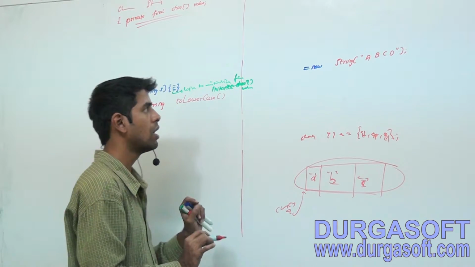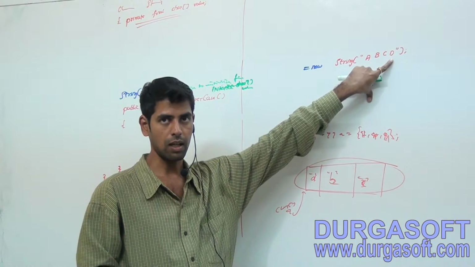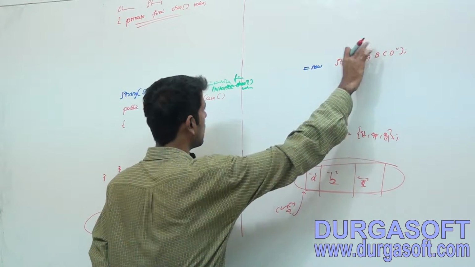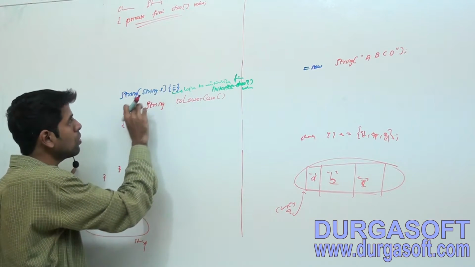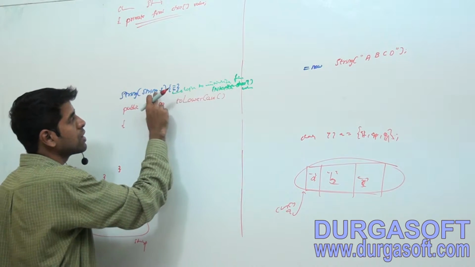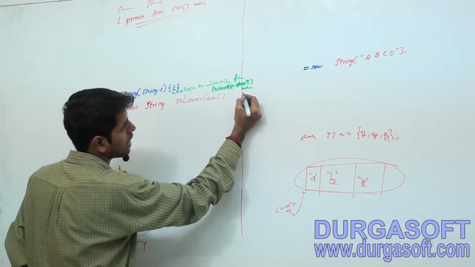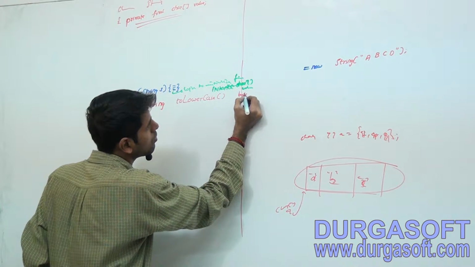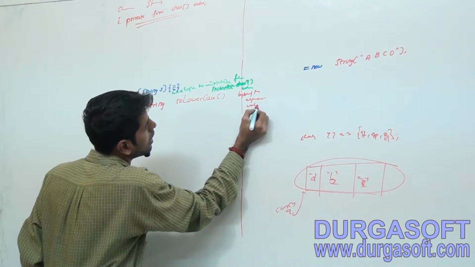Okay, now observe, I have passed the data as A, B, C, D. This data will be used as argument to this constructor. Getting? Now this constructor has logic to initialize the final instance char array value by using the argument value.